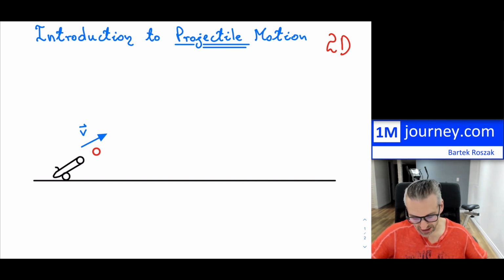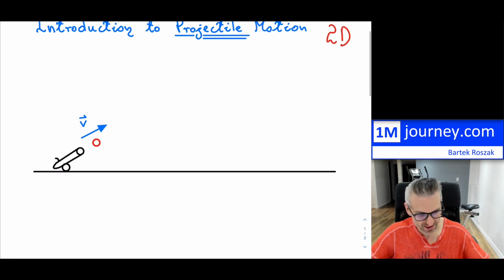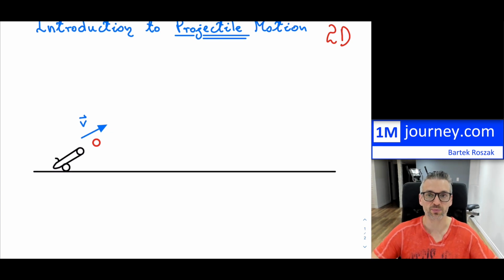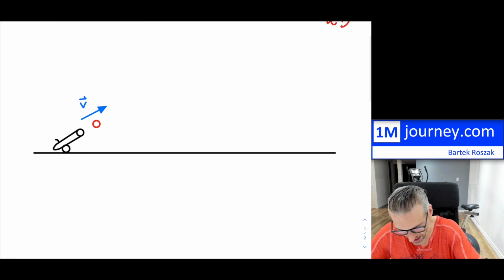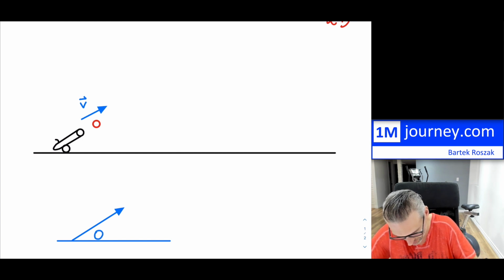So if you're thinking about something like this, and I just want to do this as an introduction, we'll just concentrate on one item here, just so that you know how to break this thing down. I'm going to assume here's my vector, and this particular vector makes a certain angle with the ground.